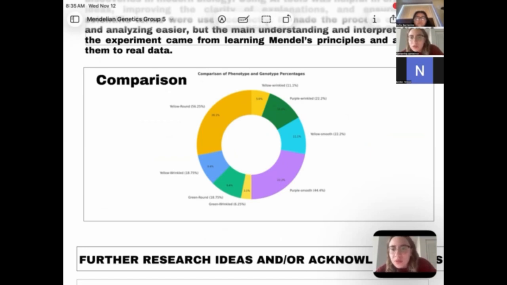Yellow smooth 22.2, 11.1. Purple smooth 44.4%. Green wrinkle 6.25% and 3.1%. Green round 18.75, 9.4%. Yellow wrinkle 18.75 and 9.4%.